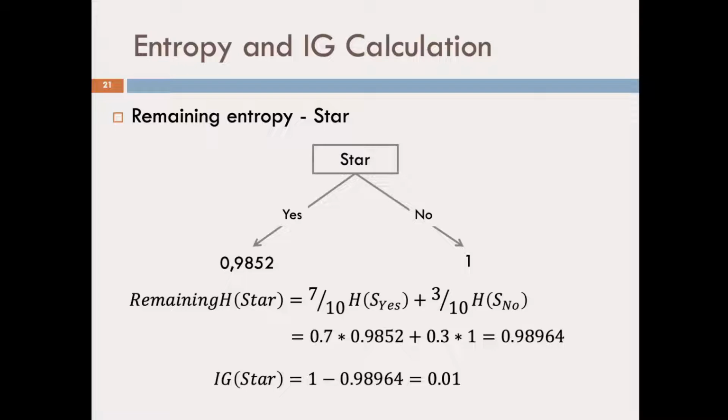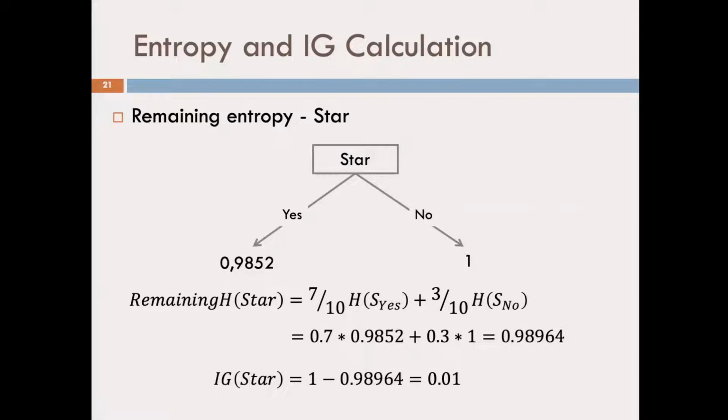Yes. So the remaining entropy for star is 7 divided by 10, because we have 7 from the positive side, entropy for yes, plus 3 divided by 10, because remember we have 3 instances that have the value no for the feature star.